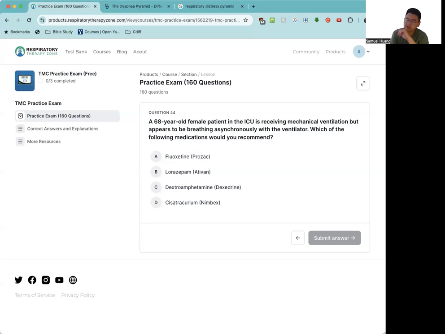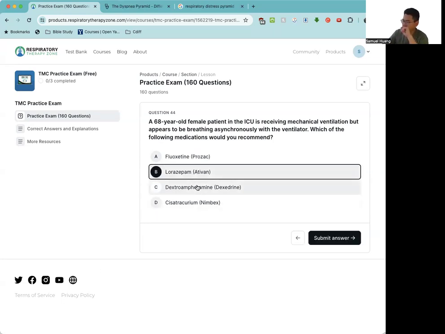Precedex is dexmedetomidine, not dextroamphetamine. So you would give sedation here. Nimbex you can give, but it's controversial, and you don't want to paralyze anyone unless they're adequately sedated. Paralyzing them without sedating them can leave them fully conscious but paralyzed. It's one of the worst feelings in the world.